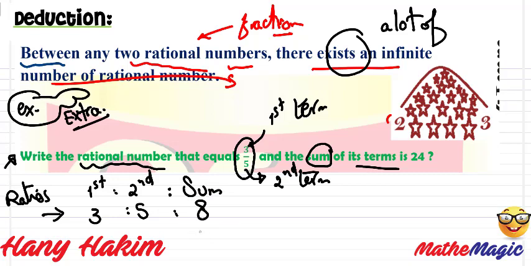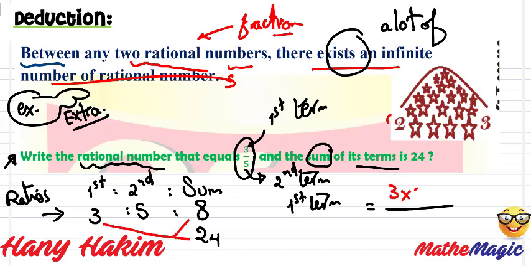And the real sum of them is 24. So the first term, I can make a cross multiplication, 3 multiplied by 24 over 8. The second term, this will be 5 multiplied by 24 over 8.